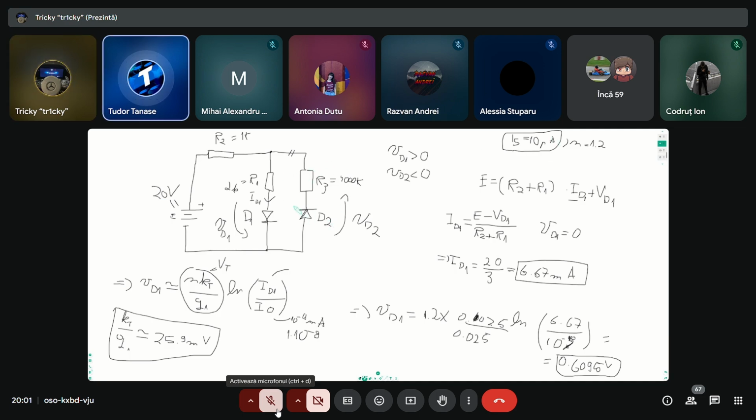I have another question. Do we have to recalculate ID1 again, or the voltage on VD1 again? Because I remember in the homework we had to do it multiple times until.